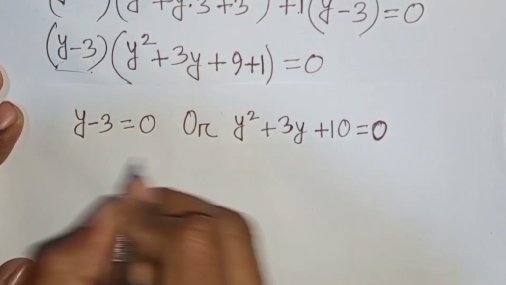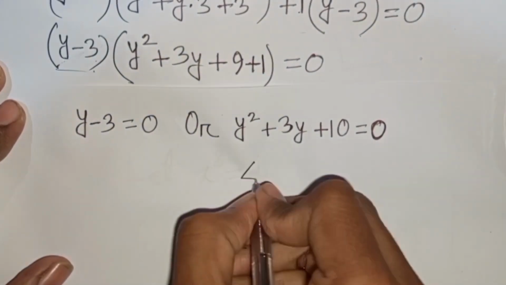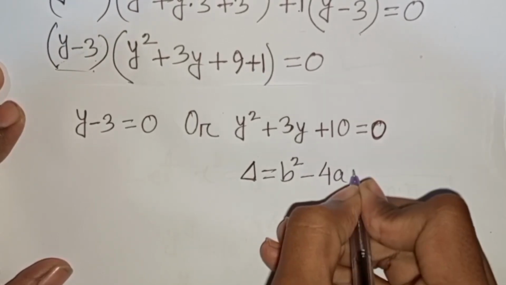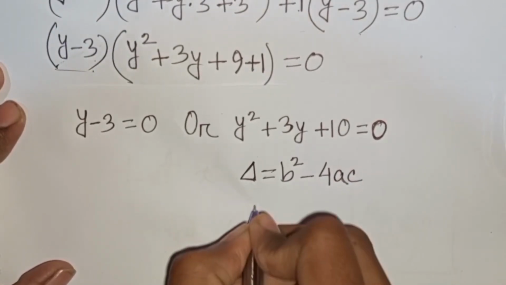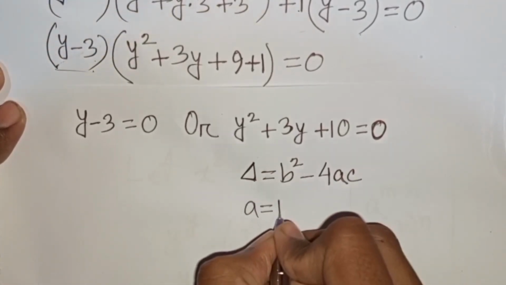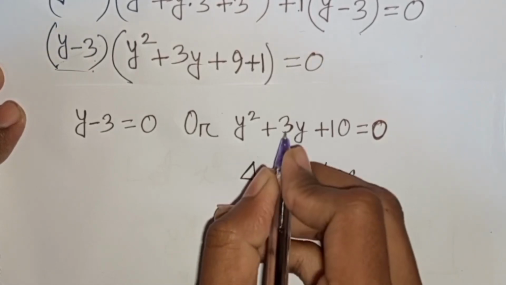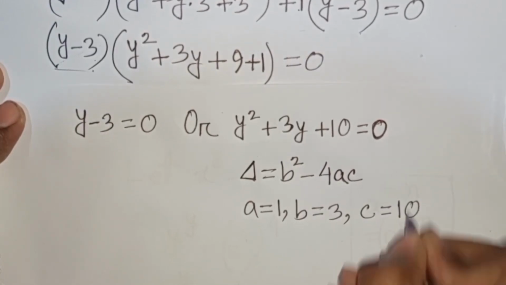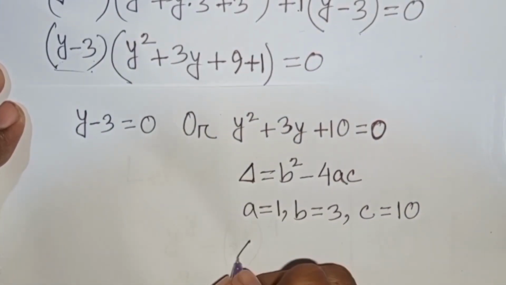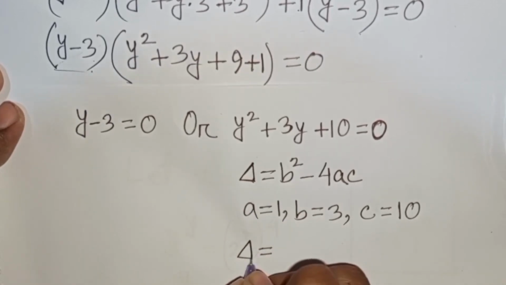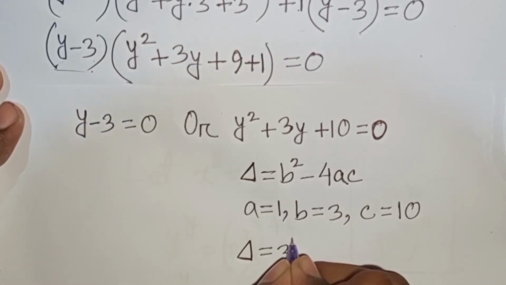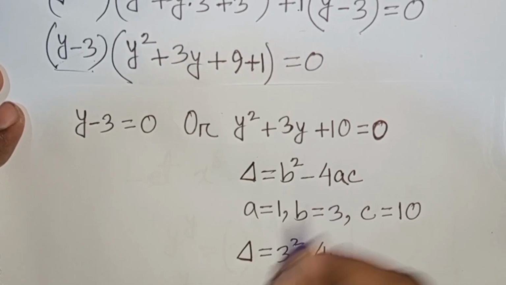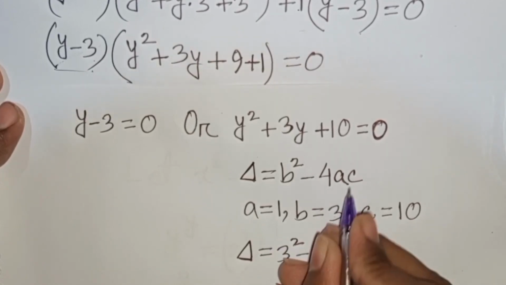Now here you can apply the discriminant formula, so you can write here delta is equal to b square minus 4ac. Here a will be equal to 1, b will be equal to 3, after that c will be equal to 10. Now delta will be equal to b square, that means 3 square, minus 4 times a, that means 1, times c, that means 10.